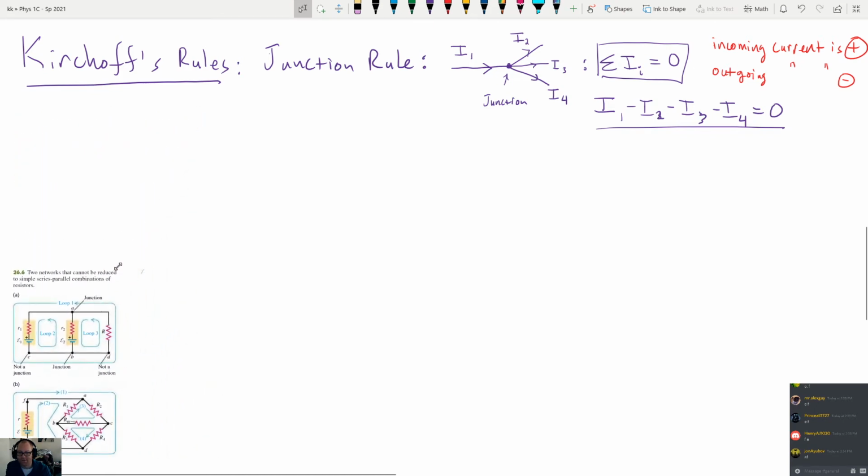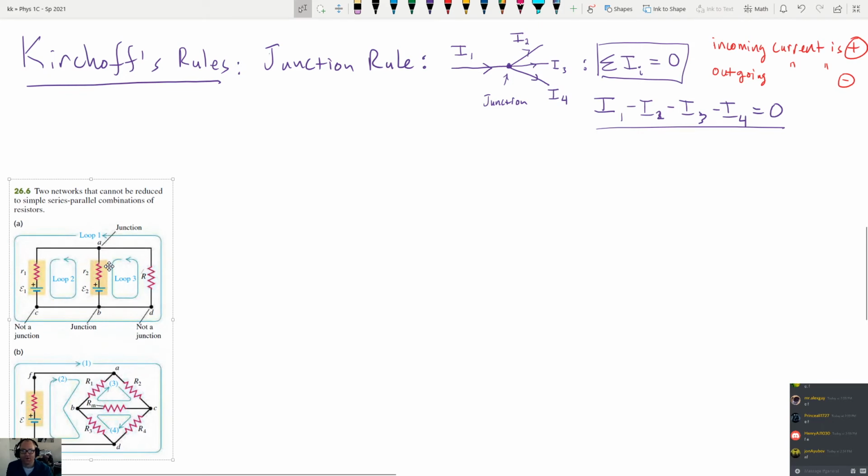All right, now let's talk about the other Kirchhoff rule. You've got the junction rule, and the other one is the loop rule. This one is a little bit more complicated. These have names that I've seen in other textbooks.